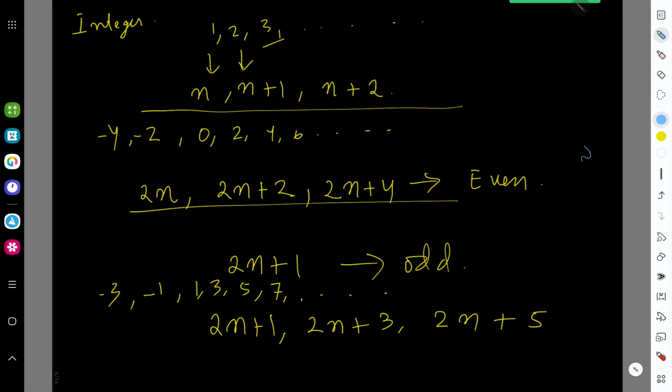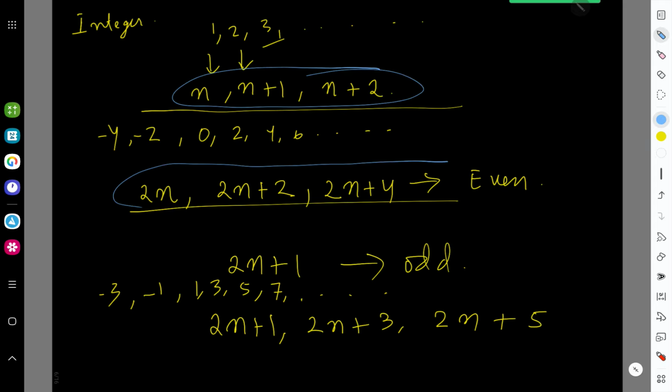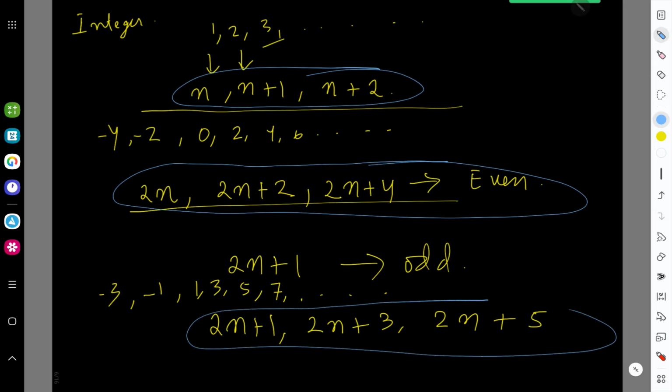So I would like you to remember these 3 general forms. This is for integer. We will be using these whenever the question mentions consecutive integer or just integer. And we will consider this general form when the question mentions consecutive even integer, and this general form for consecutive odd integer.